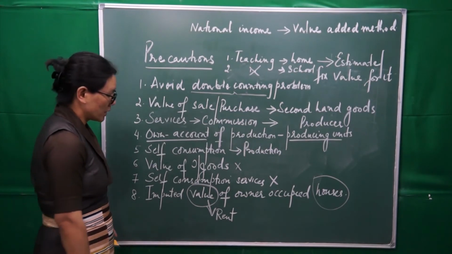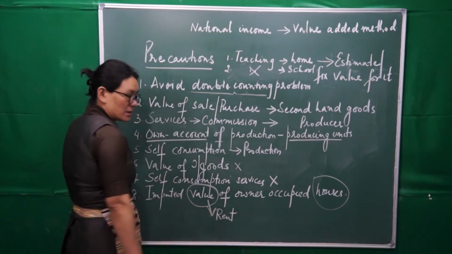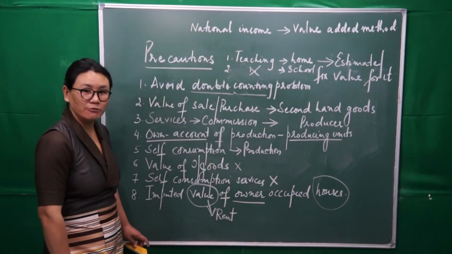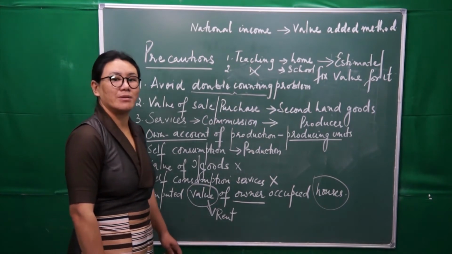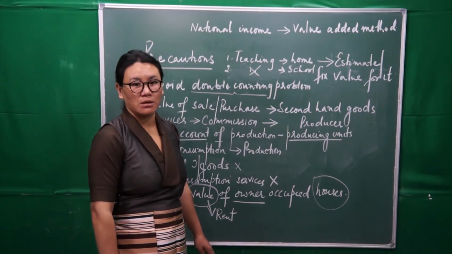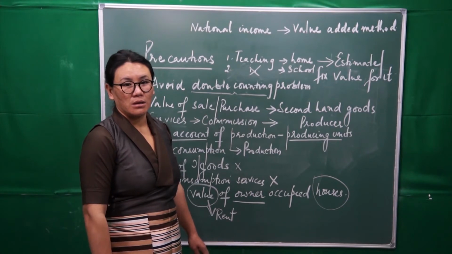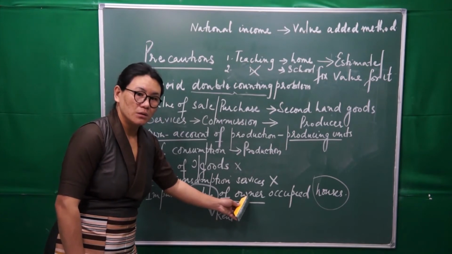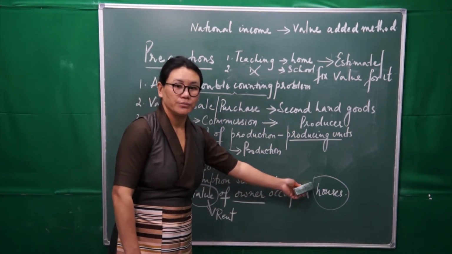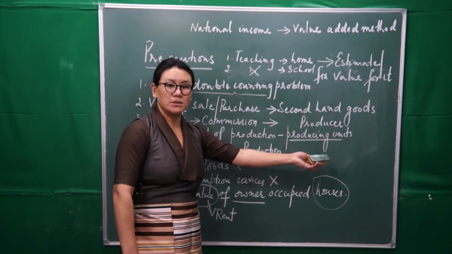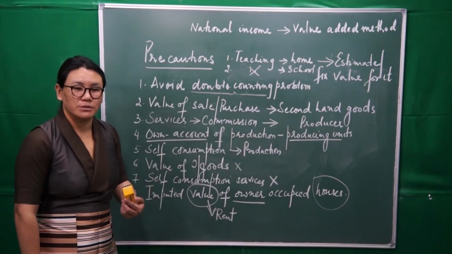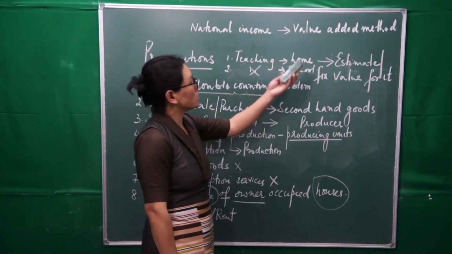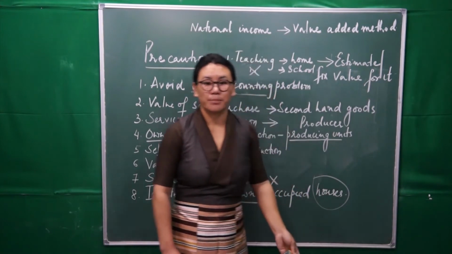Whether this house is occupied by the owner himself or rented to somebody else, it has a rental value. If it is rented to somebody else, we get rent from it. It has a market value, so this is also considered in this value added method.